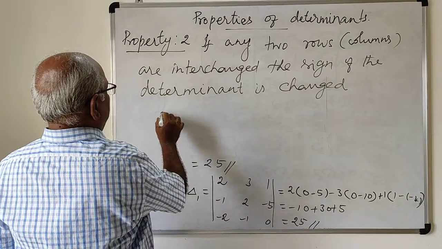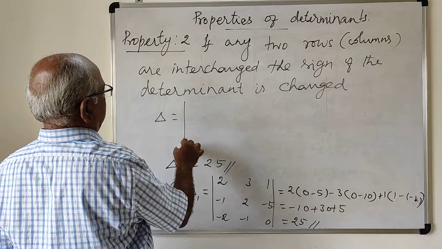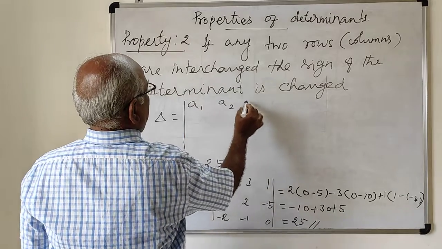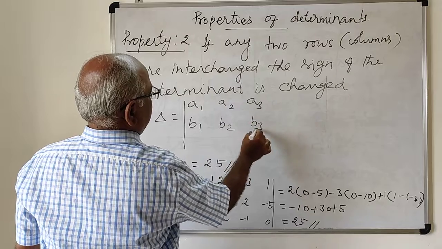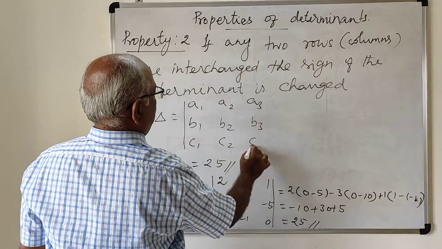Here also we have delta as A1, A2, A3, B1, B2, B3, C1, C2, C3.